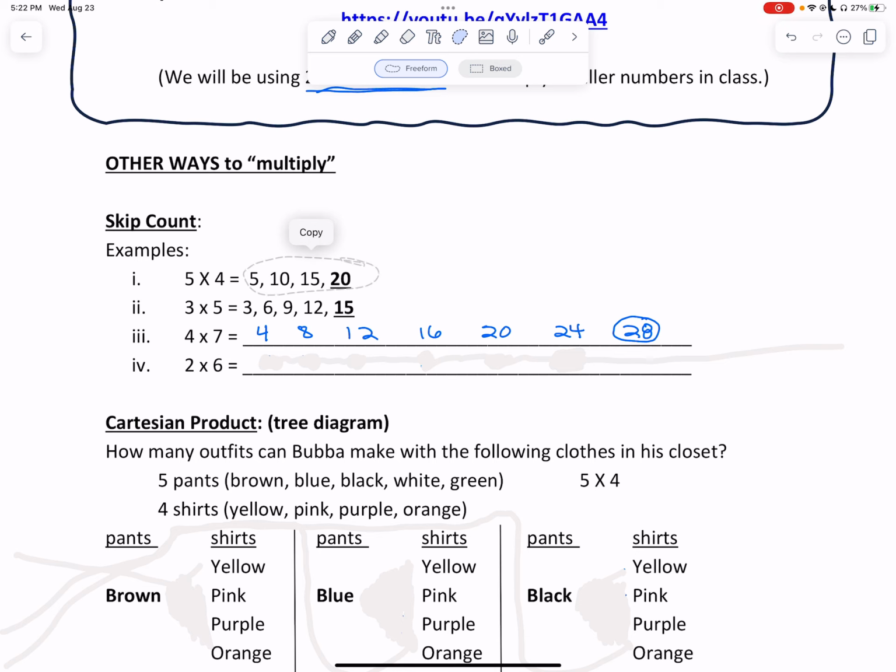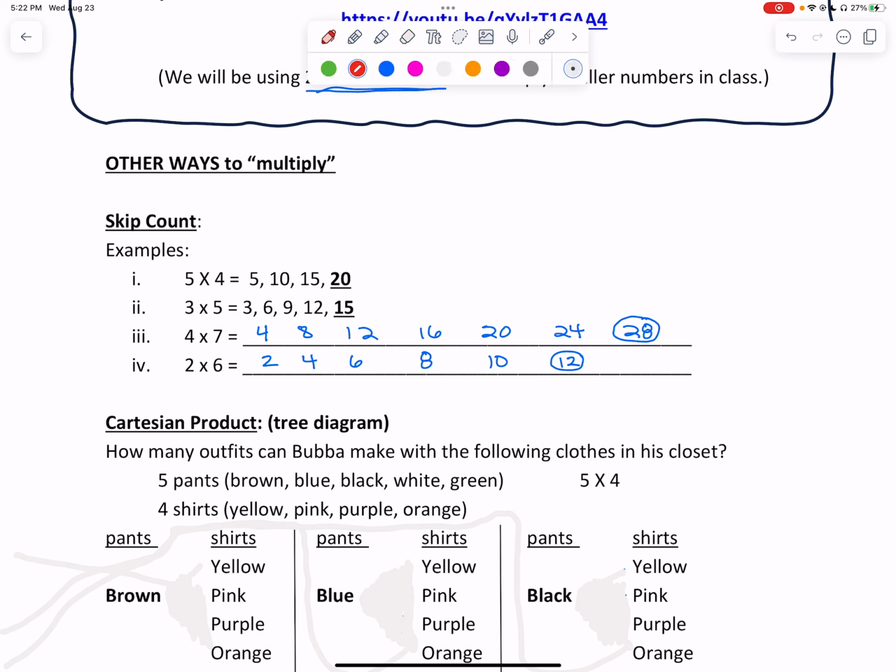So 5, 10, 15, and I'm using my fingers. So 5, I put up one finger, 10, the second finger, 15, the third finger, 20, the fourth finger, and I know I'm done. Okay. And 2 times 6, do the exact same thing. 2, 4, 6, 8, and I just keep on going all the way up to 12. And I'm using my fingers as I count.